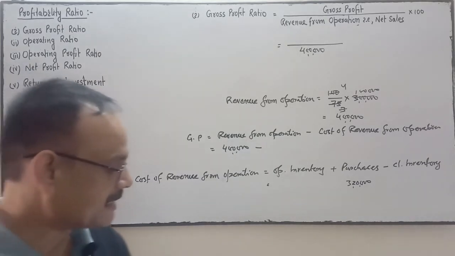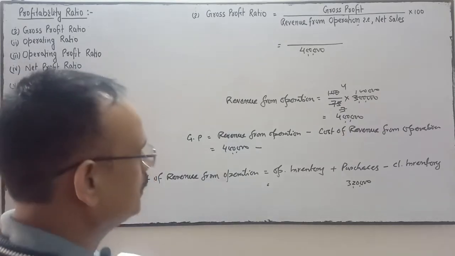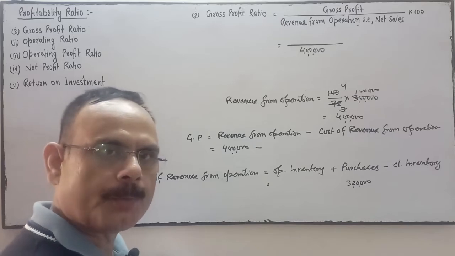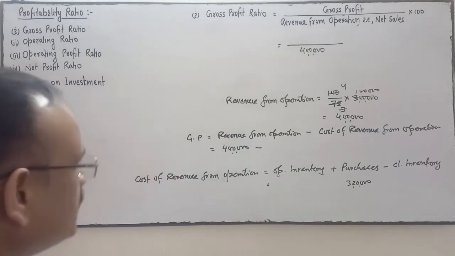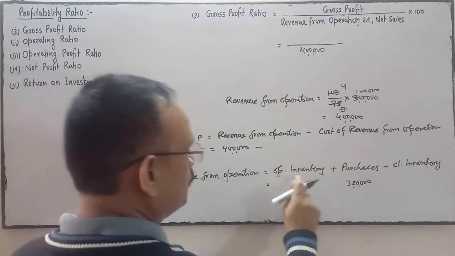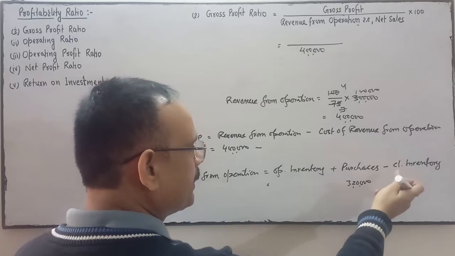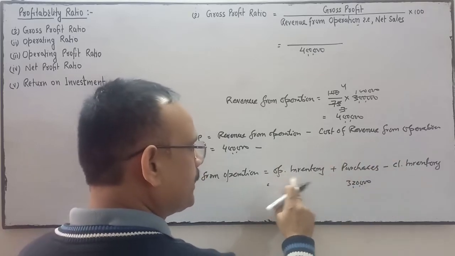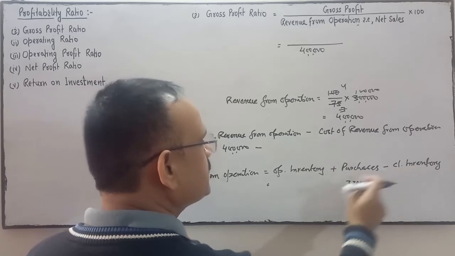One information, excess of closing inventory over opening inventory is 40,000. So closing inventory is more than opening inventory by 40,000. So this is not given directly, but information regarding this is given.